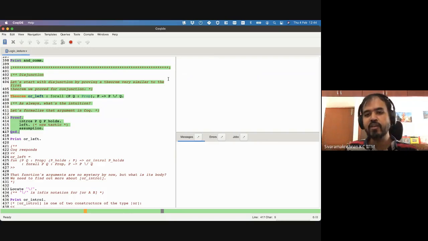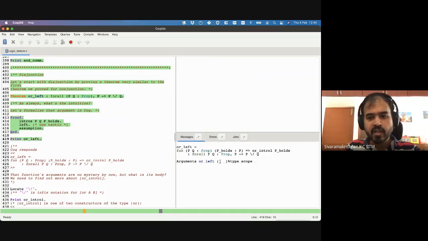So again, disjunction is not magic. Disjunction is also a plain old algebraic data type, right? So if you print or_introl, you will see that for all P Q, you take an argument, evidence of P, you just take it as P holds. And you somehow construct from the evidence of P this evidence for P or Q. And the way you construct that evidence is using this constructor called or_introl, and that comes from the definition of or.